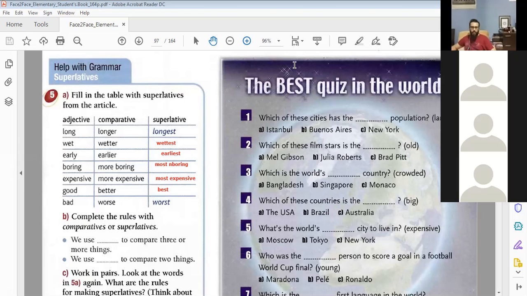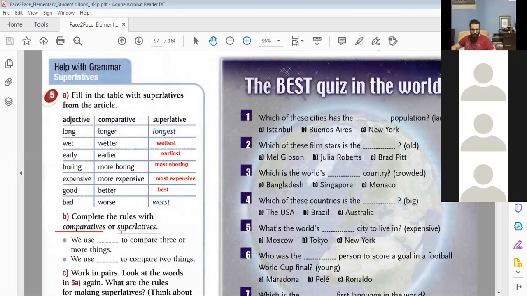So here I want you to complete the rule. What do you think? When do we use comparatives? When do we use superlatives? We use superlative to compare 3 or more things.